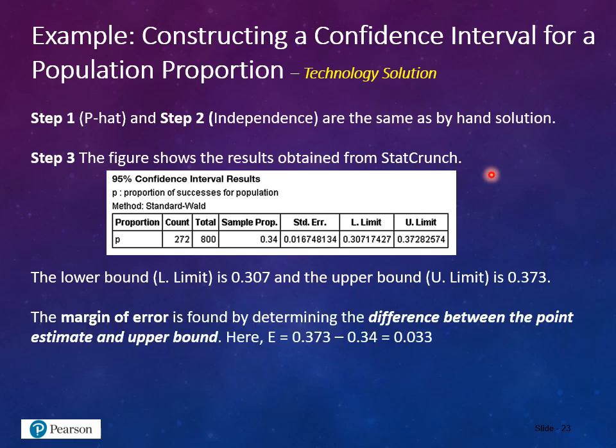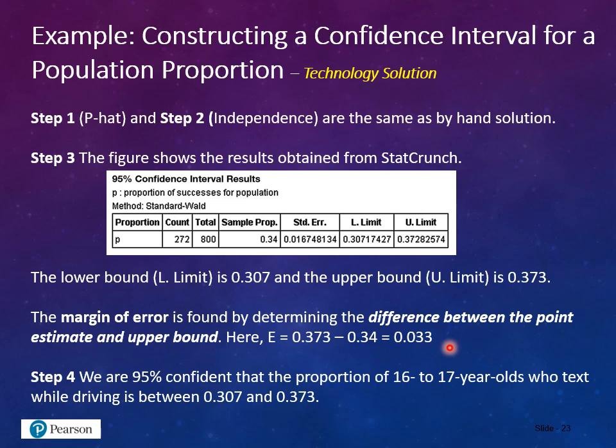And the margin of error is found by determining the difference between the point estimate, which is right here, and the upper bound. So we get 0.373 minus 0.34 is 0.033.